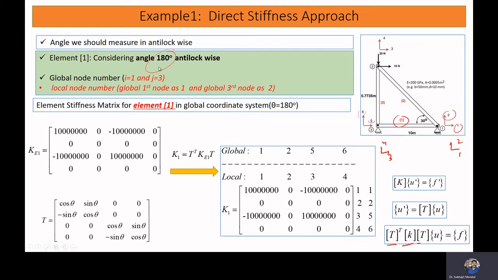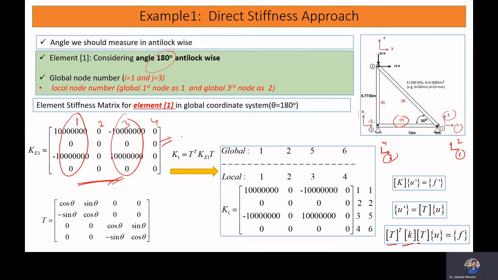Since this angle is 180 degrees, we will obtain a stiffness matrix with local numbering 1, 2, 3, 4. You can see that we have non-zero values corresponding to the axial degrees of freedom, which are 1 and 3.